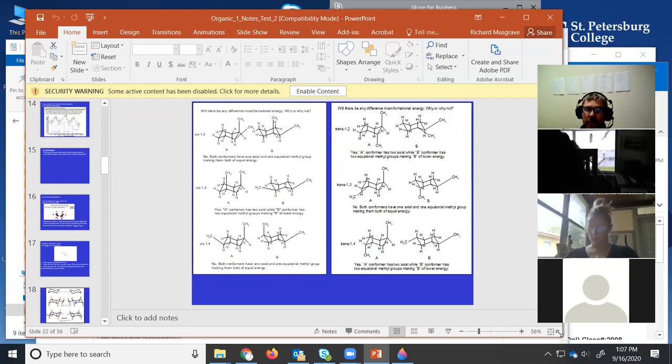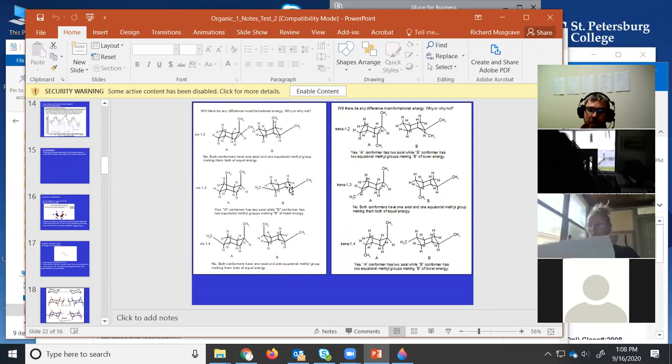So you'll notice that in the case of cis 1, 2, they're both sticking up, but one is axial, one is equatorial. And in the case of cis 1, 3, they're both axial and both equatorial.